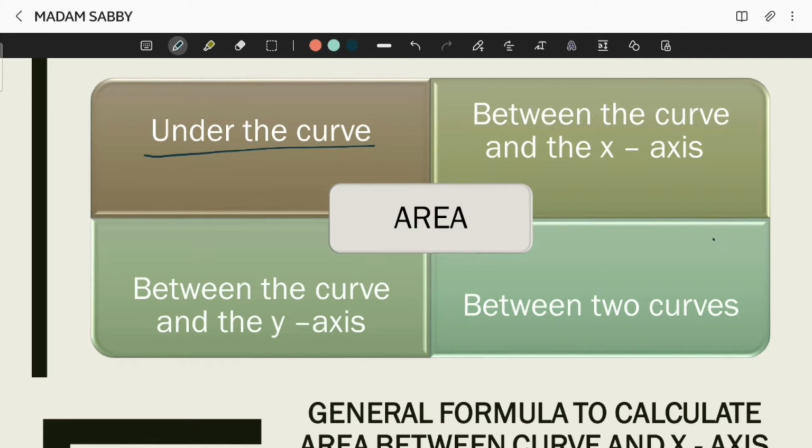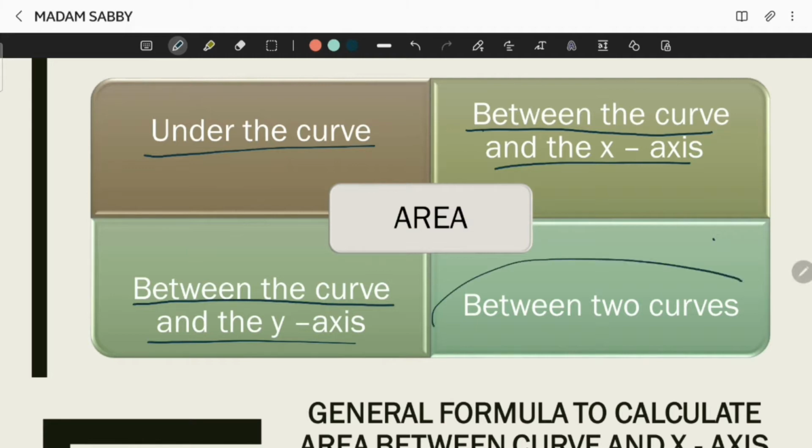That comes to the second one, which is area between the curve and the x-axis or area between the curve and the y-axis. When it comes to more complicated questions, they might give you two different functions, so you need to find the area between the two. Normally I address this one as the combination area.